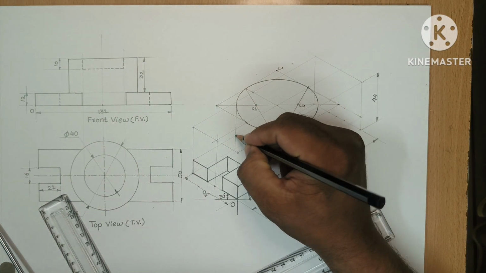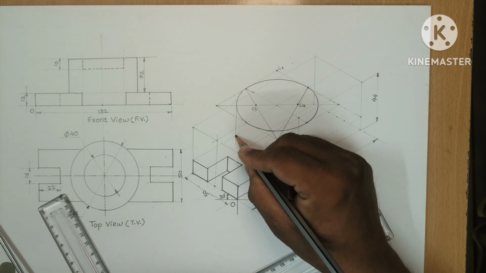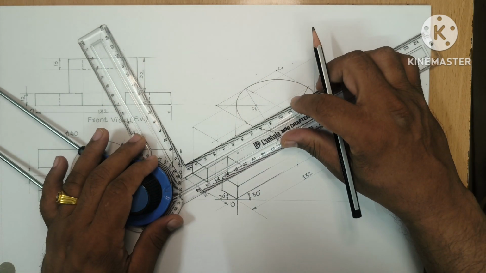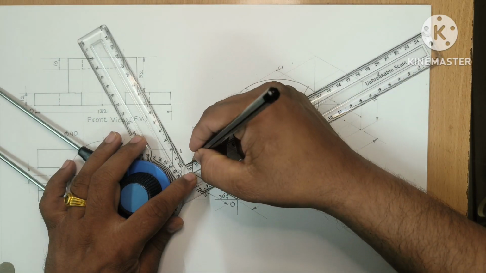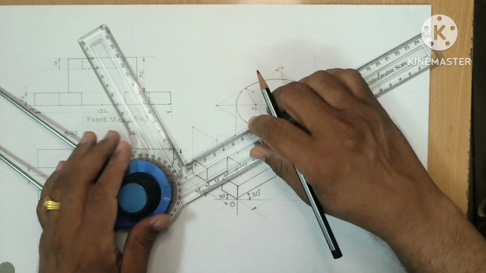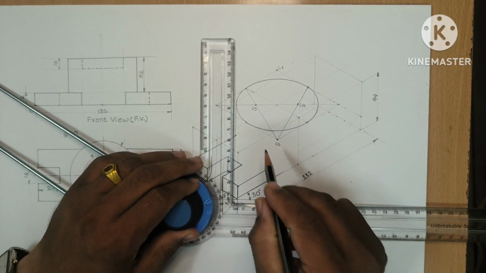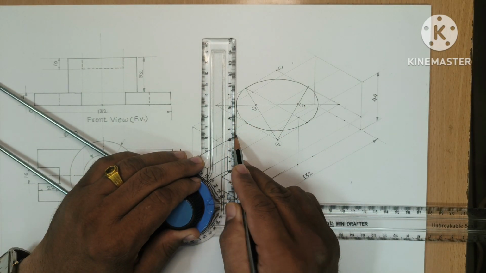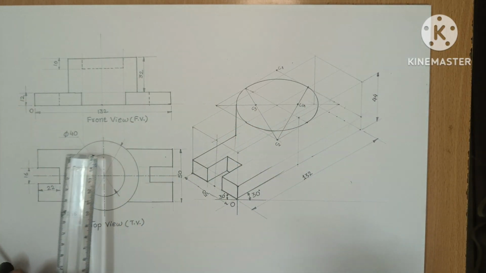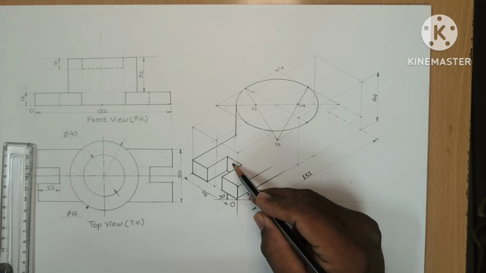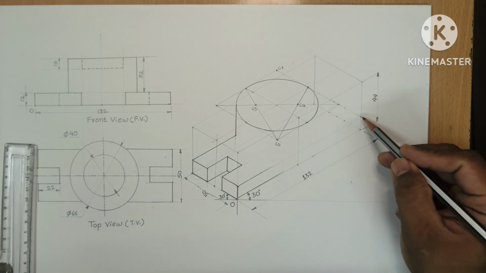This line will join, intersects here and here. This will be the intersection. Then the same procedure is applied here towards the back side.